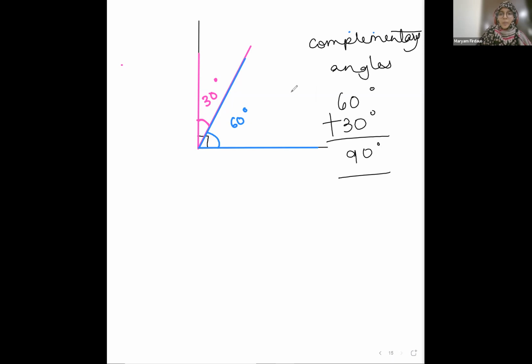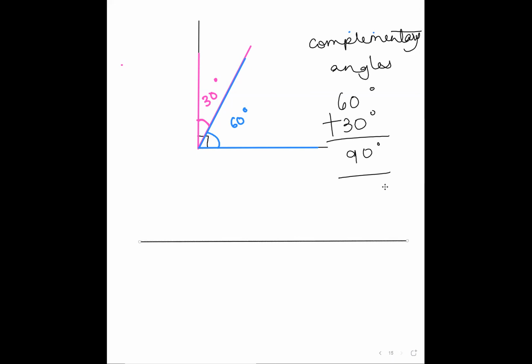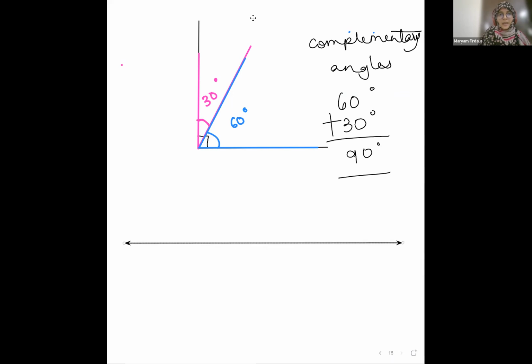So this is about complementary angles. The next thing is very similar to this. If you have a straight angle, let me just draw a straight angle. This is your straight angle. And let's say you have two angles on it.